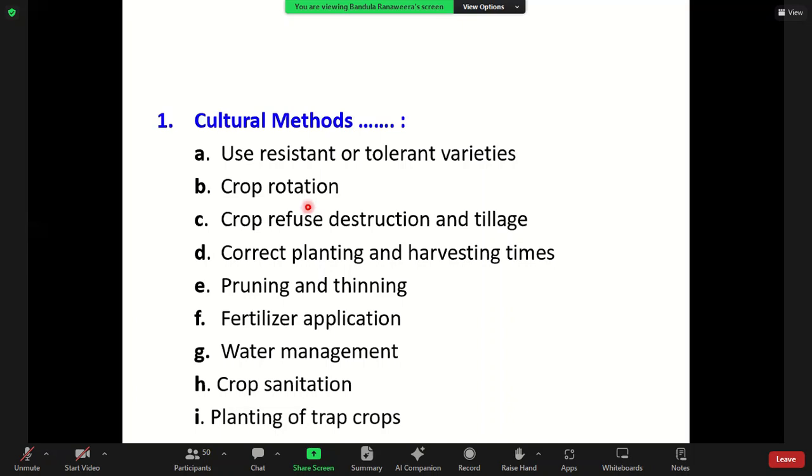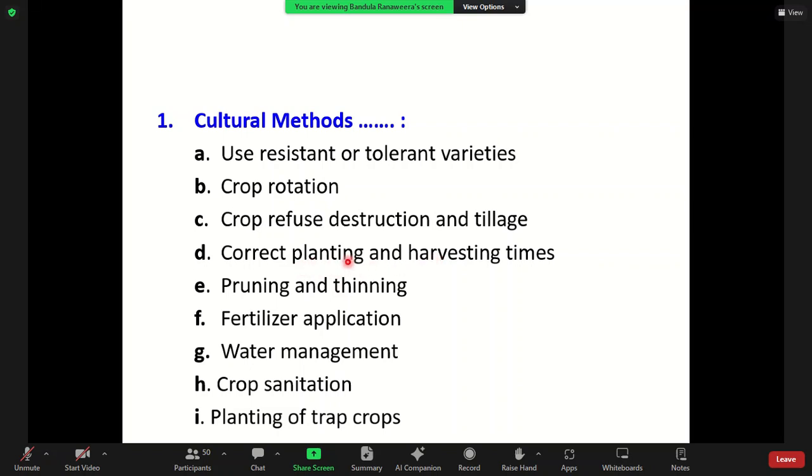Then destruction of crop refuse or residues of the crop. That means when the harvest is taken, the remaining crop parts may contain some diseases. So we can destroy those residues and control the diseases by destroying them.